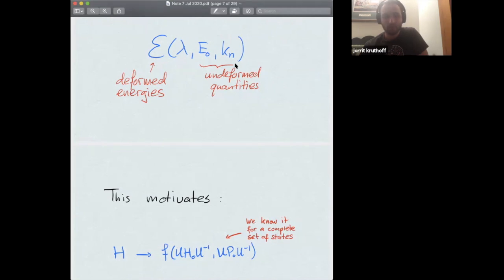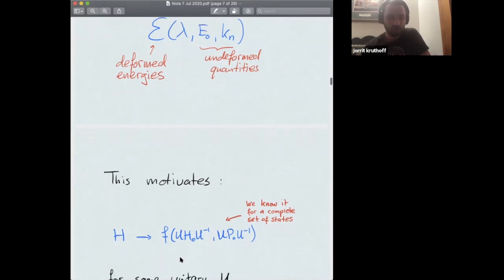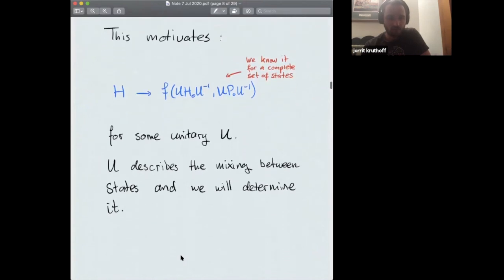So I know all the energy eigenvalues of the Hamiltonian, and so I can also write down the Hamiltonian of the deformed theory in that basis up to a unitary transformation U. And it is precisely this operator U that will show us how the states are changing. Right, so that's what I just said.